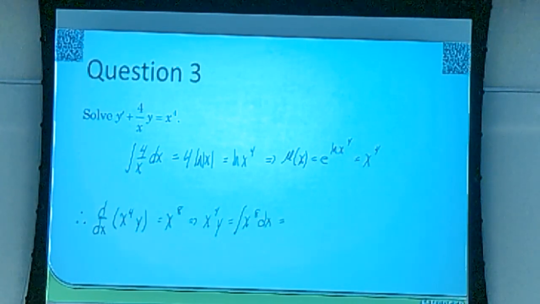What's that antiderivative? Is that it? Plus some arbitrary constant. Now divide by x to the fourth.